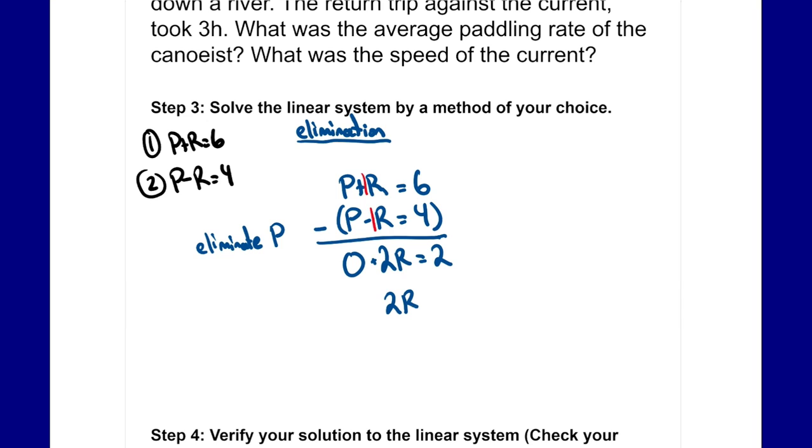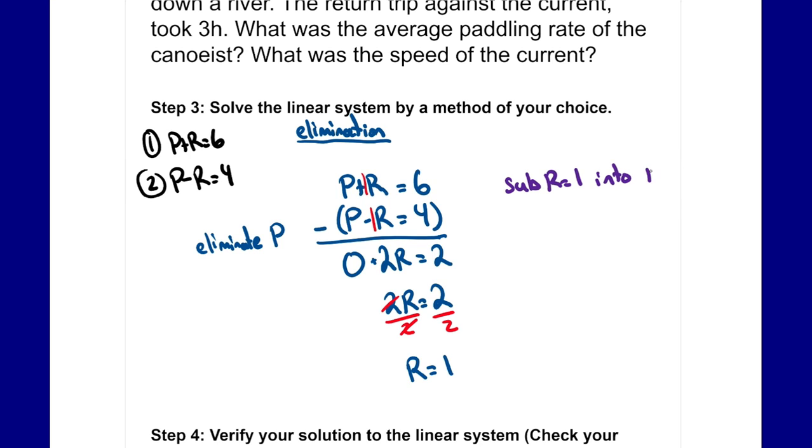And now I'm going to go through and solve my equation. 2R equals 2, R equals 1. We might just be able to do that in our heads, but if not, we're dividing both sides by 2 to get R by itself. Now that I've found R, I can sub R equals 1 back into either equation.